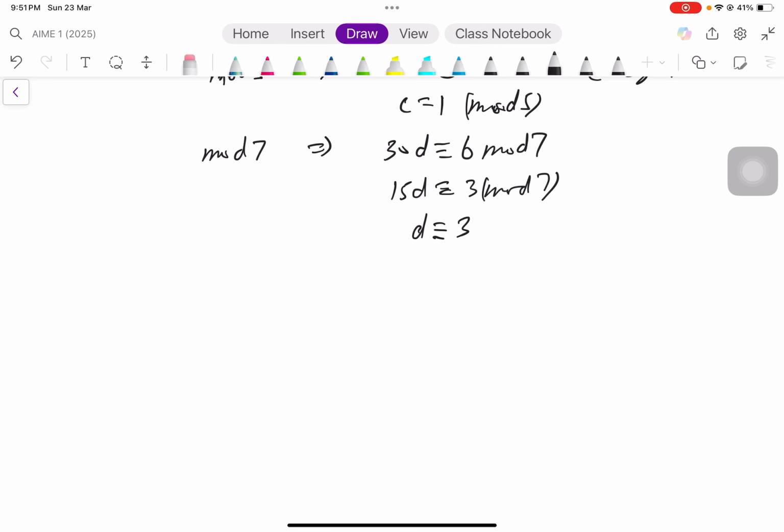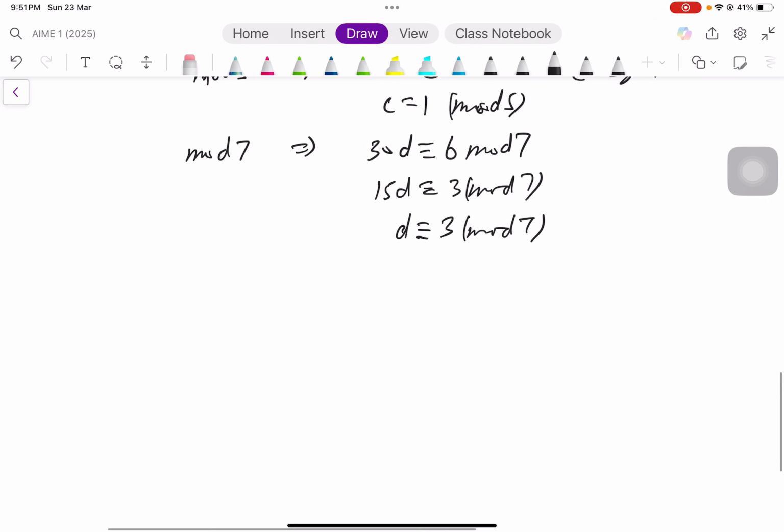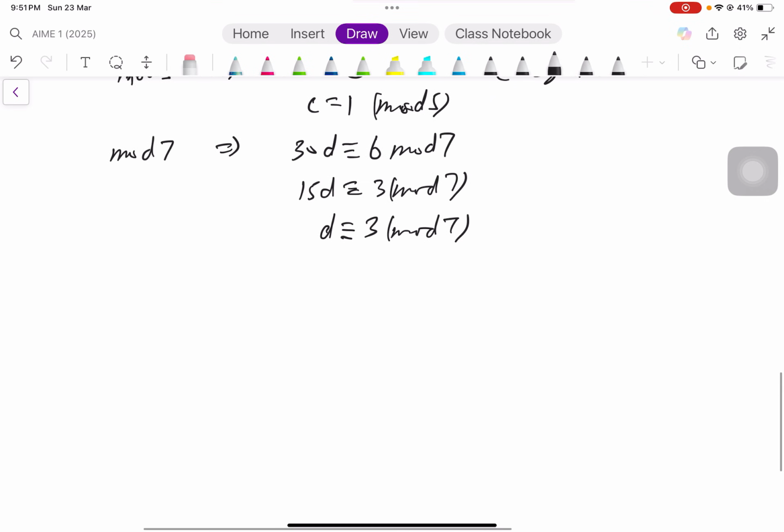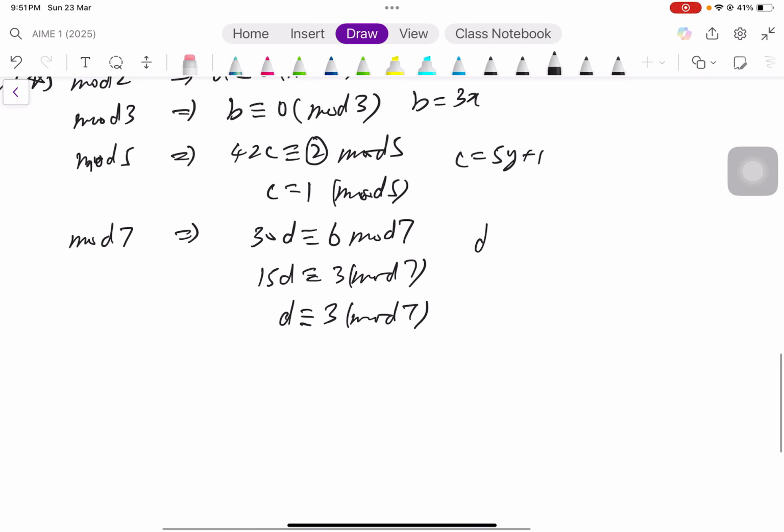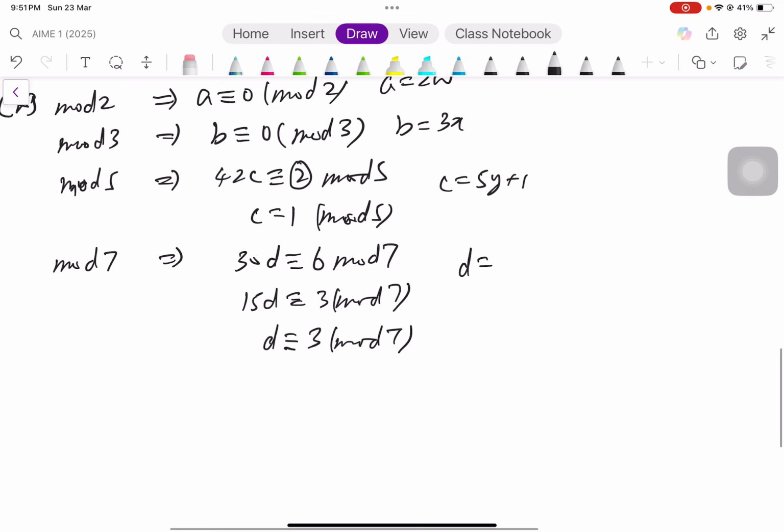Because 45 is congruent to 3 mod 7. Therefore, in this case, your d is actually 7z plus 3.